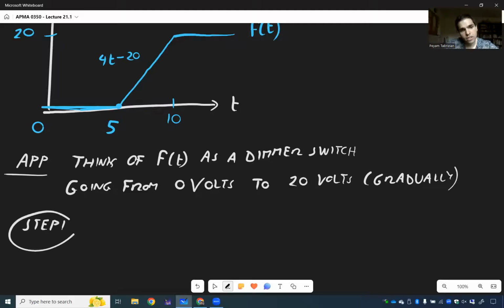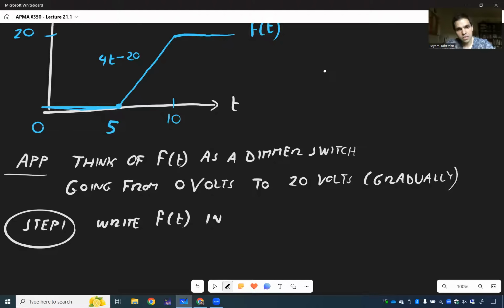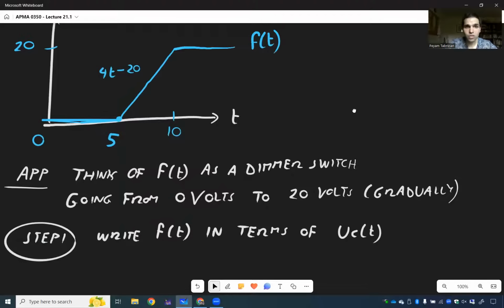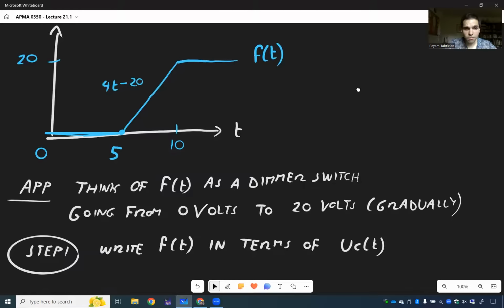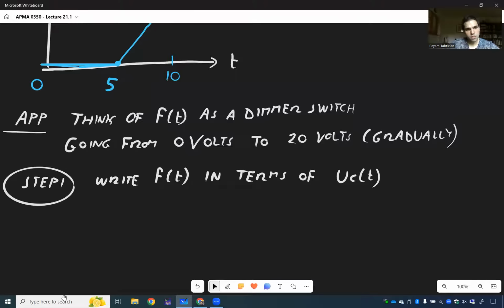And in order to do this, we need to write f in terms of jumps. F of t in terms of u_c, of their Heaviside functions. And how do we do it? Just as usual, we start with 0. And at t equals 5, you jump by how much?